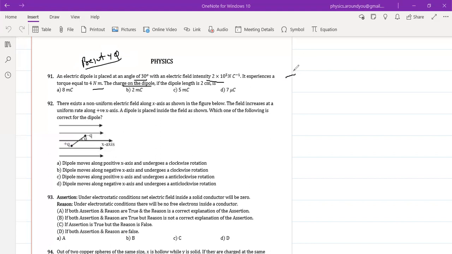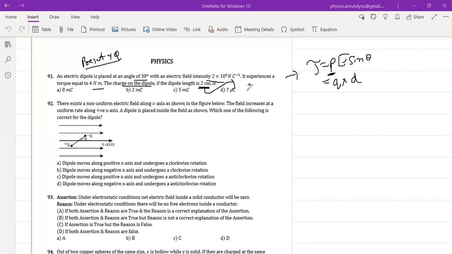Well, the relevant formula is how you can relate theta, E, tau, etc. Only one formula: tau is PE sine theta. Widespread misconception once again, alert: P is q into the distance between the charges, and that has been given as 2 centimeters.